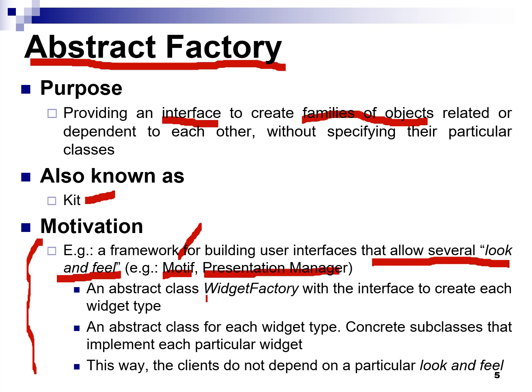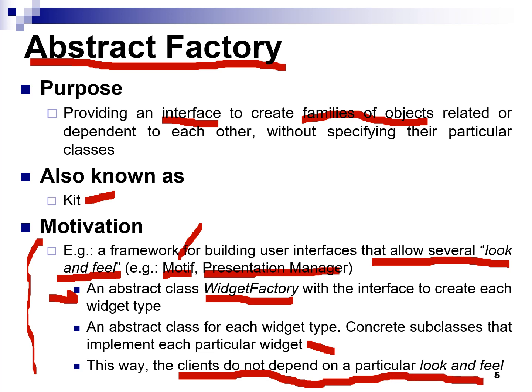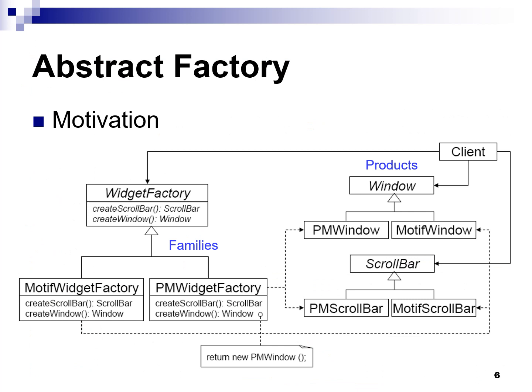So the idea is to create an abstract class widget factory, and then to create subclasses that will create an object of the given type. So by using this abstract factory, the client code does not depend on particular invocations to different constructors. And so that's the idea here.